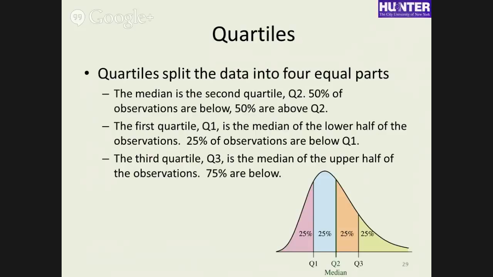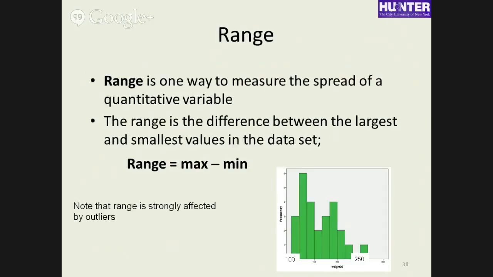The third quartile is the quarter that's just above the median, and the top quartile is the observations that are greater than 75% of the data. Now, the range is just the difference between the largest and the smallest value.